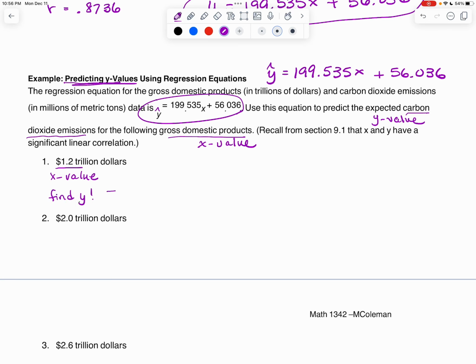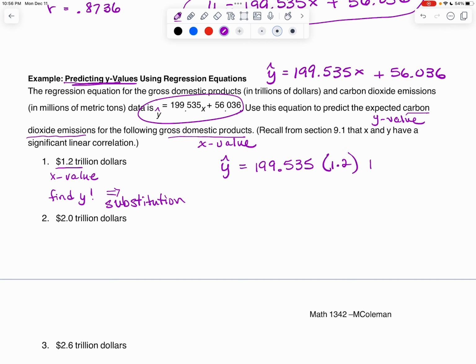We do this with straight substitution. So y hat equals 199.535. This is an x value, so I'm going to put 1.2 plus 56.036.